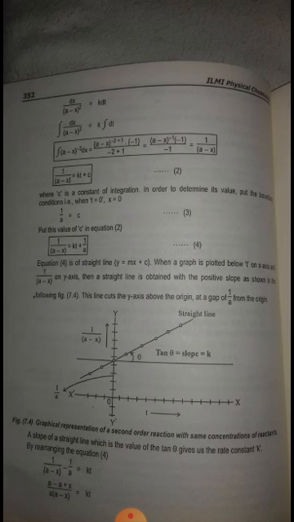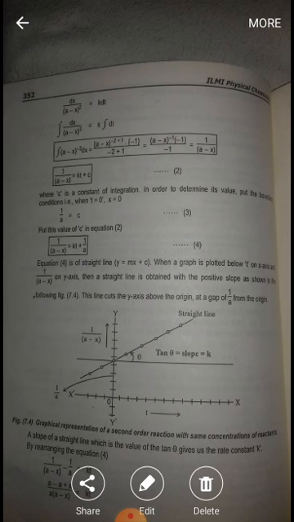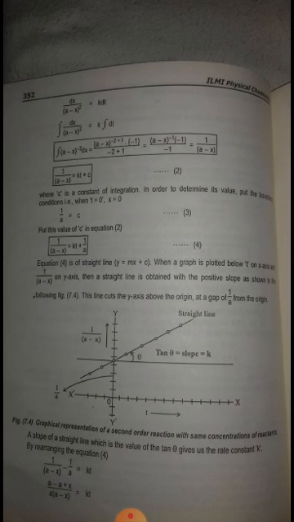So it is a straight line equation, y is equal to mx plus c. You are going to form a graph between time, which is the independent variable, against 1 over a minus x, which is the dependent variable. As a result, a straight line passing through the origin will be formed.